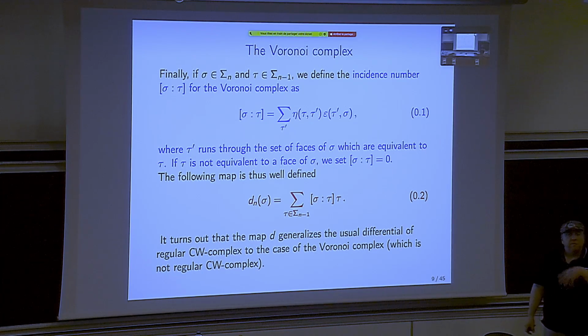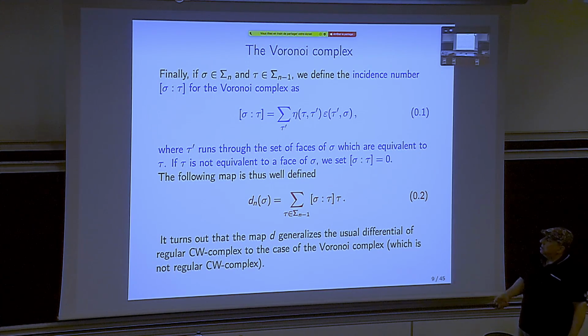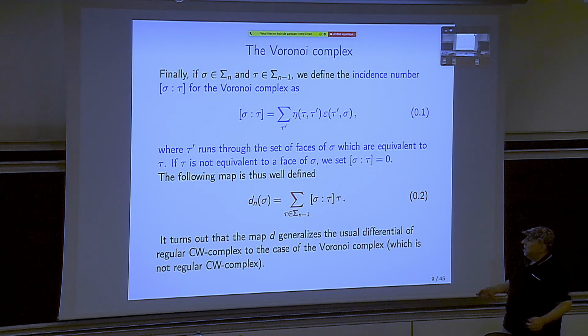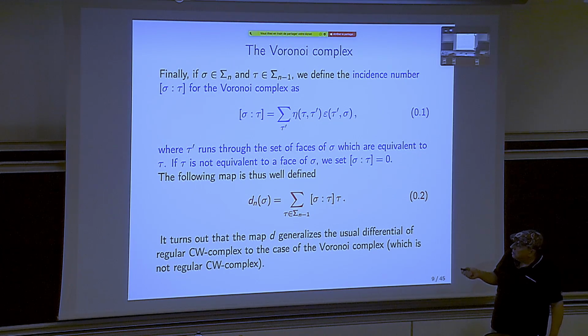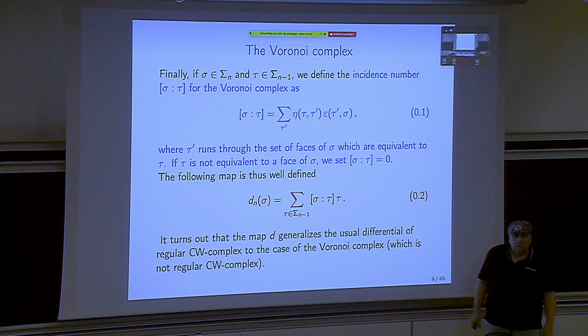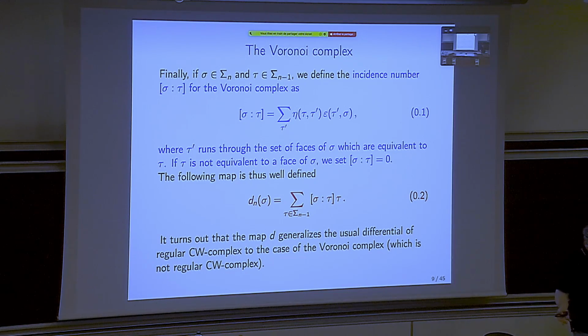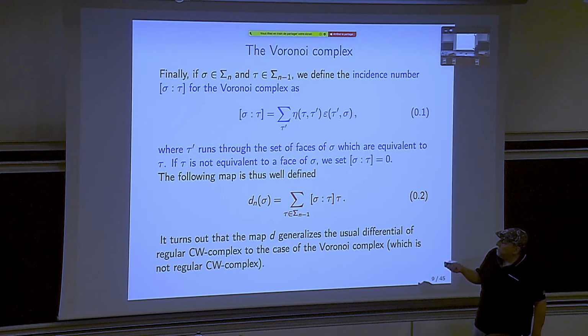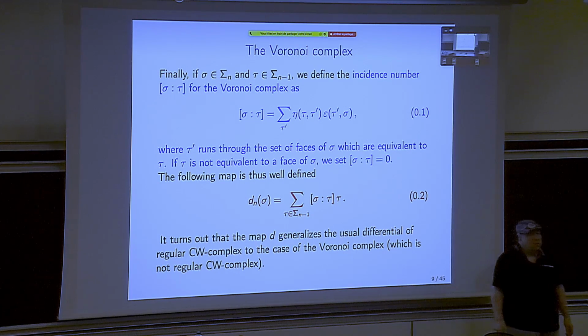And of course, for convention, if tau is not equivalent to a phase of sigma, you just say that the incidence number is equal to 0. It's already mentioned in the general case. So then you could have a general formula, which is in some sense the same as the one for a classical CW complex.